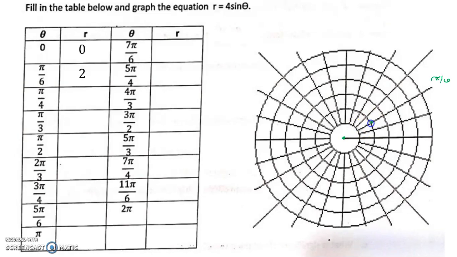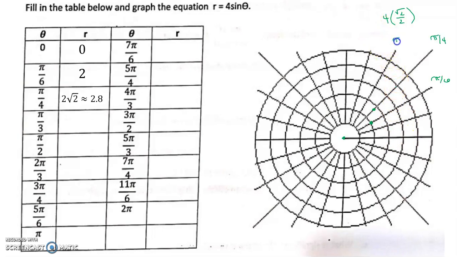So 1, 2. When my theta is at pi over 4, sine would have been radical 2 over 2. But I'm multiplying that by 4, so I get 2 radical 2, which I do want, the 2 radical 2 in your table. I went ahead and said that's about 2.8. That way I had an idea of where to put my point.